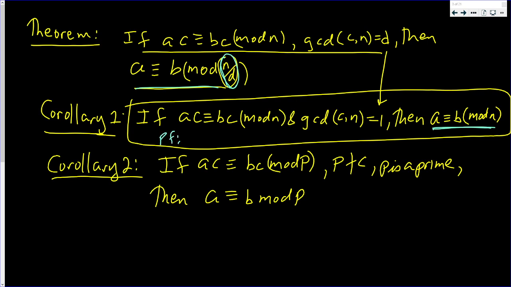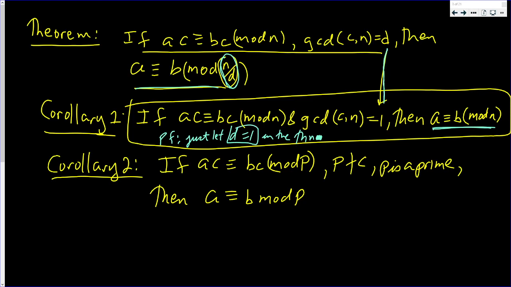The proof is just let D equal 1 in the theorem. Okay, that's the proof. Just let D equal 1 in the theorem.